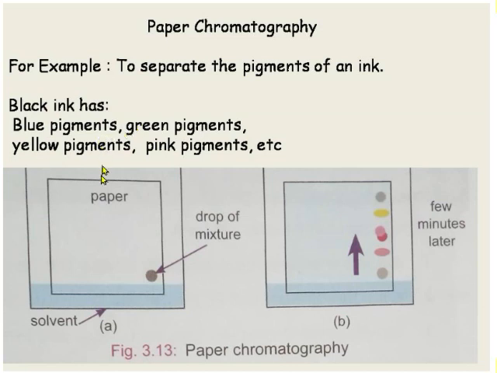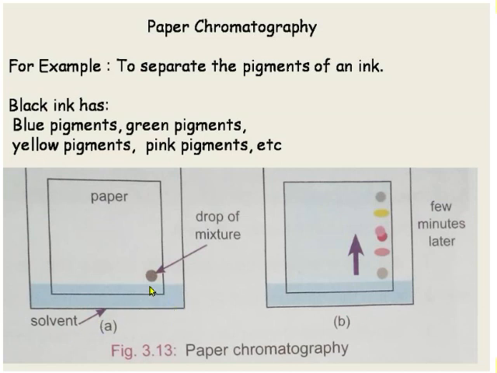So what we will do? We will take a filter paper and we will hang the filter paper. Just below the filter paper, we will keep a solvent in a beaker. This arrangement will be done in such a manner so that a small portion, bottom portion of the filter paper must touch the solvent.